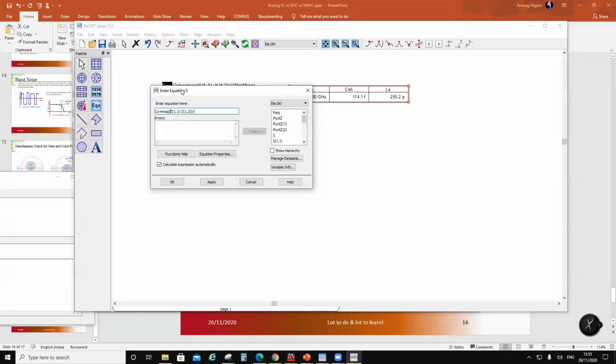Element 180. Just give me a second. Come on, this is so stupid.